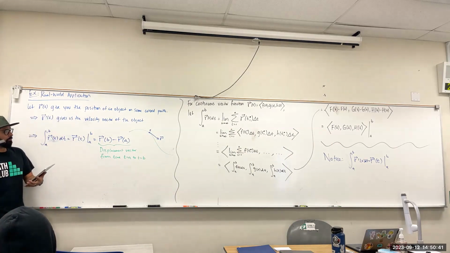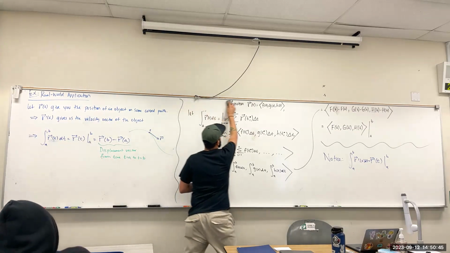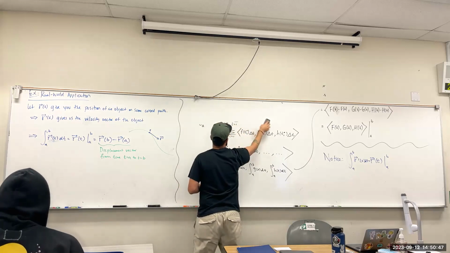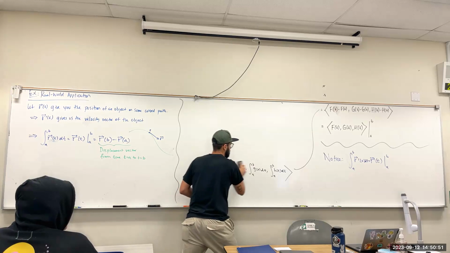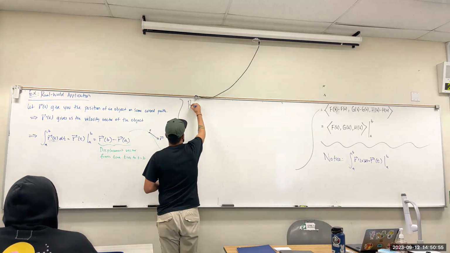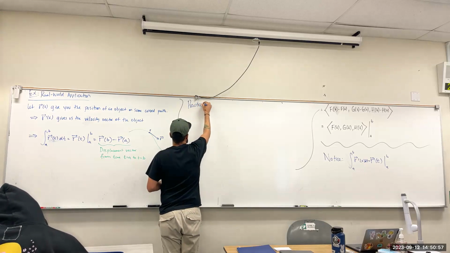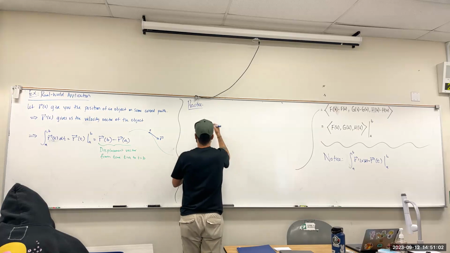Okay. 2 problems for you guys. Here, this I'll erase because it will not be applicable. So we have 2 problems for you guys. Read the question. Read the instructions carefully. Okay.